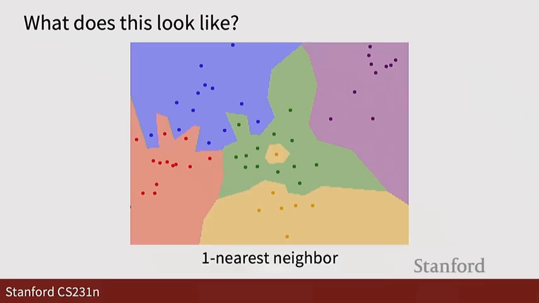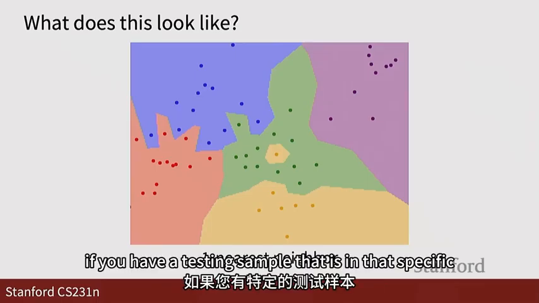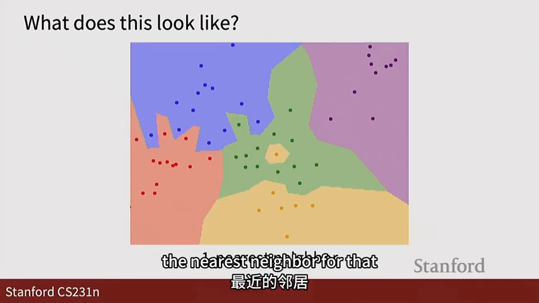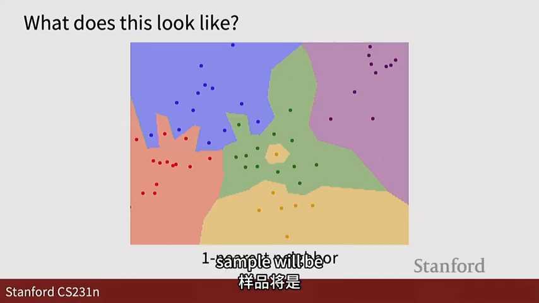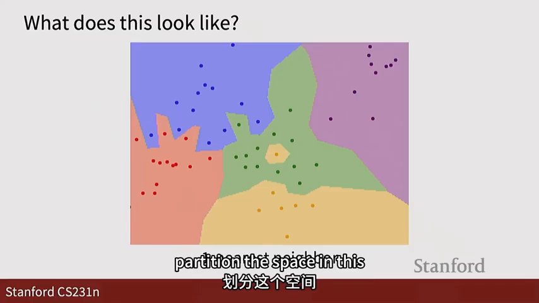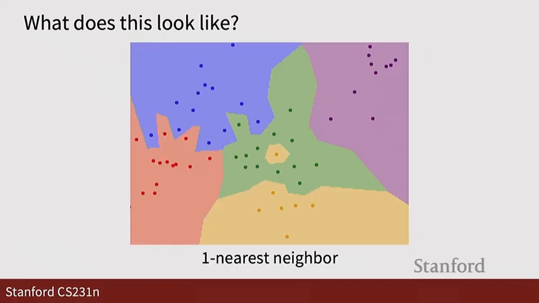If a testing sample is in a specific region, the color of that region shows what the nearest neighbor for that sample will be. This is the one nearest neighbor algorithm partitioning the space.